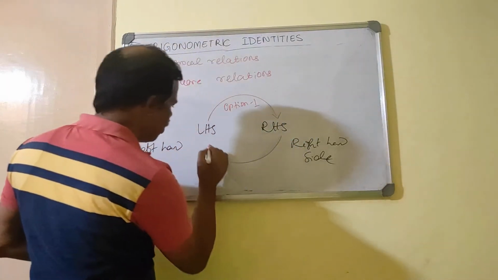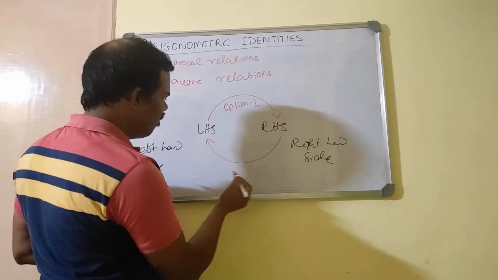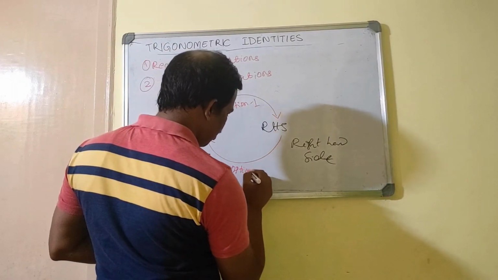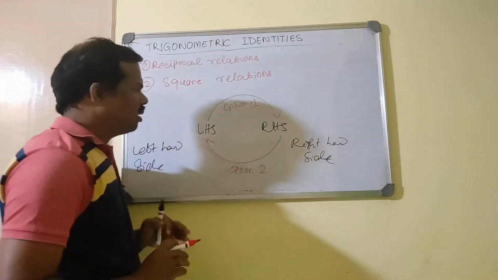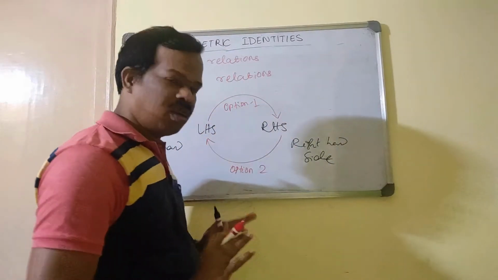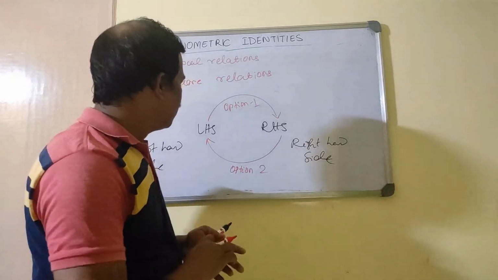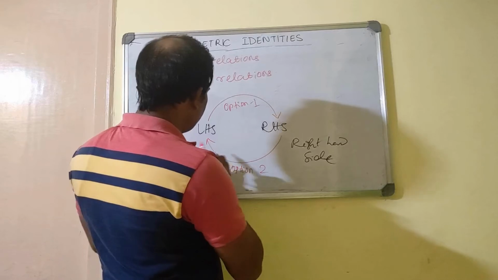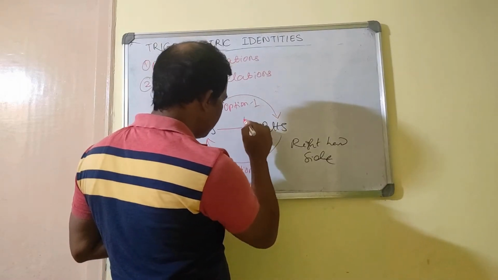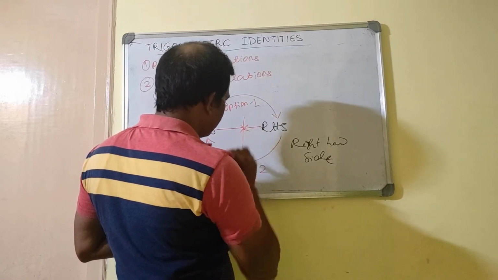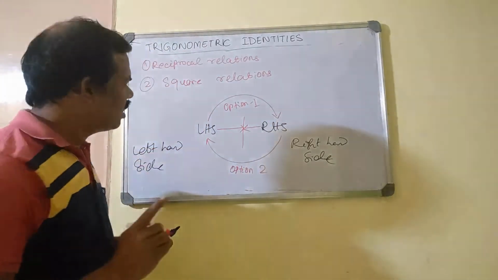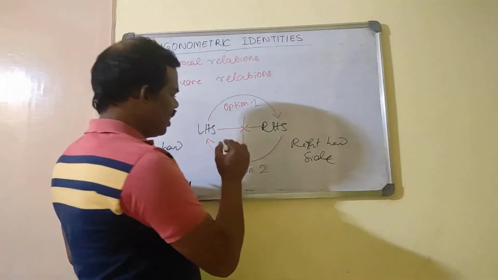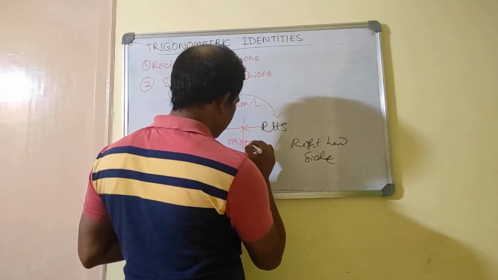The other way is you start from the right hand side, simplify it, and arrive at the left hand side. You will call it option 2. If you are very confused between option 1 and option 2, then there is another way where you simplify both LHS and RHS and bring them to a single common conclusion, then also you can say that LHS is equal to RHS, and that is option 3.